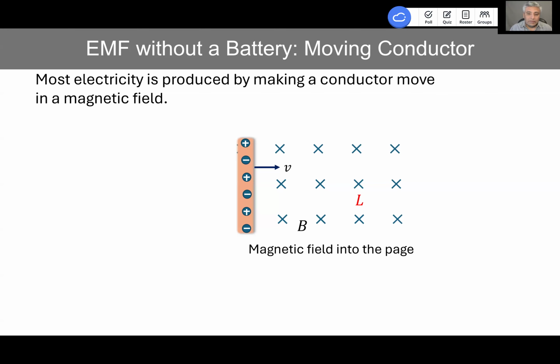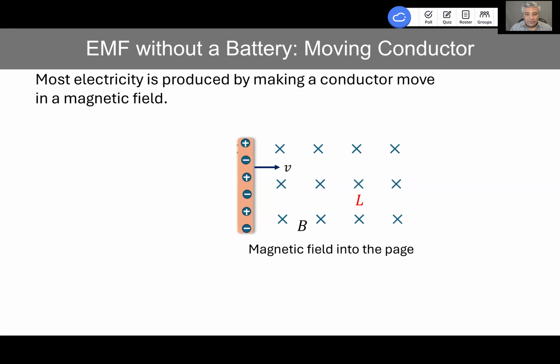And then we also talked about how the separation of charge can occur when the charges are moving in a magnetic field, and that can develop an electric field.